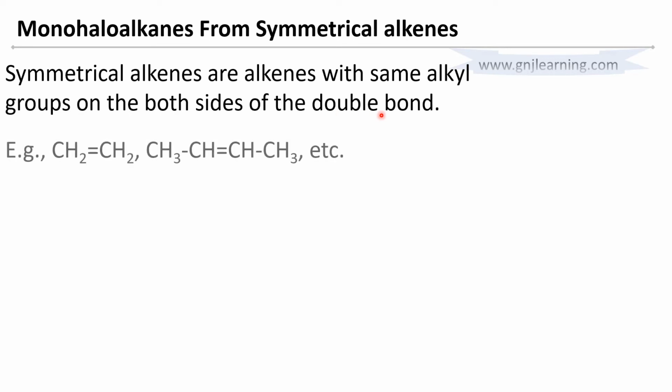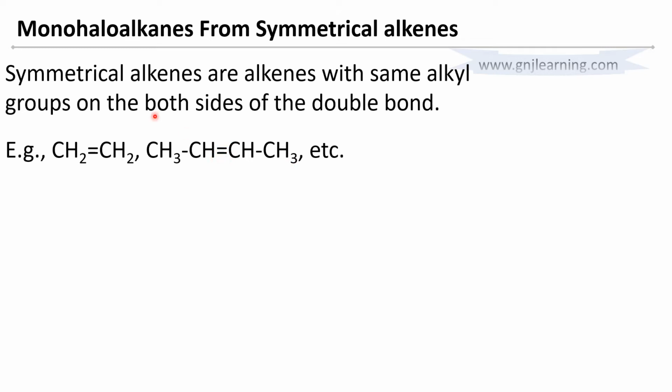So for example, let us see the example here. You have a double bond here, and if you look onto the left and onto the right, you have the same group. Also in the second example, on the left you have a two carbon compound, and on the right also you have a two carbon chain. So this is also an example of a symmetrical alkene.